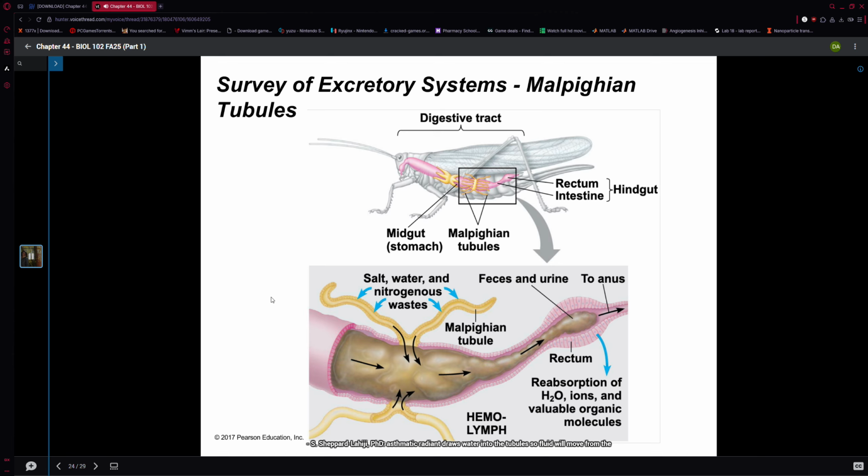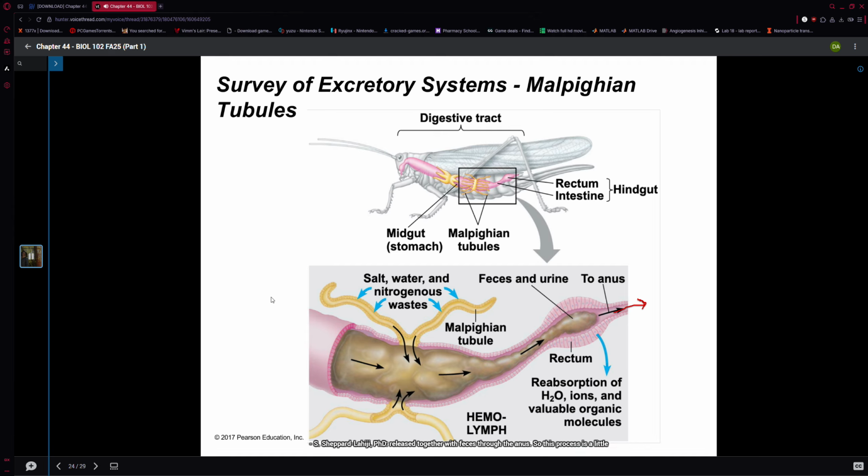So fluid will move from the tubules into the hindgut, and that's where a lot of the solutes and water will be reabsorbed. You can see here reabsorption of water, ions, and valuable organic molecules. The nitrogenous waste, excess ions, and whatever other waste components there are will get released together with feces through the anus.